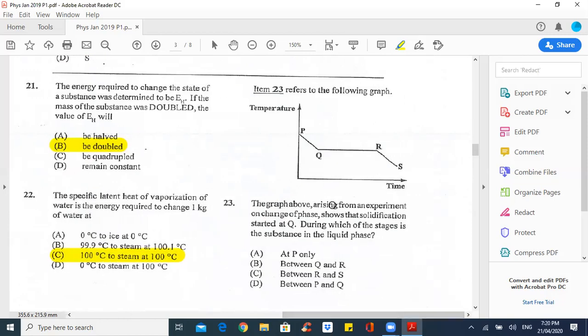The graph above arising from an experiment on change of phase states the solidification starting at Q and the liquid phase is at S. During which of the stages is the substance in the liquid phase? Between R and S. So your answer is C.